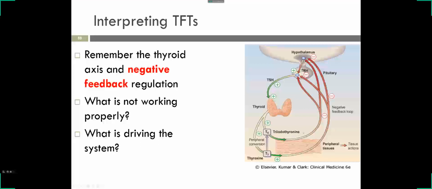These are going to feed back to both the pituitary and the hypothalamus, saying, okay, we have enough T4 and T3, turn down TRH and turn down TSH. Okay? So understanding this system as a clinician will allow you to understand how you treat your patients.